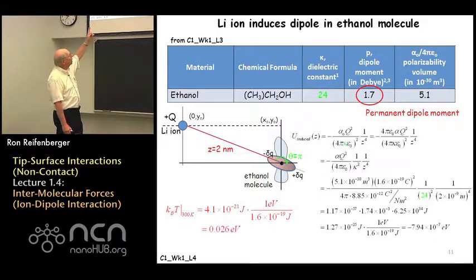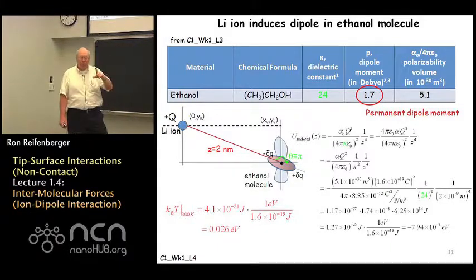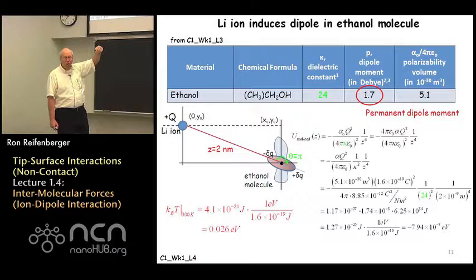I have the relevant parameters for ethanol listed in the top table here. Note that ethanol has a permanent dipole moment of 1.7 debye, but in addition, this nearby lithium ion could also induce a dipole moment in the ethanol molecule. In this case, we're calculating the interaction potential energy due to this induced dipole moment.